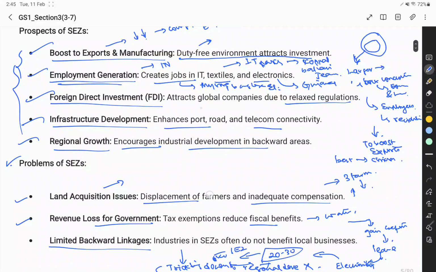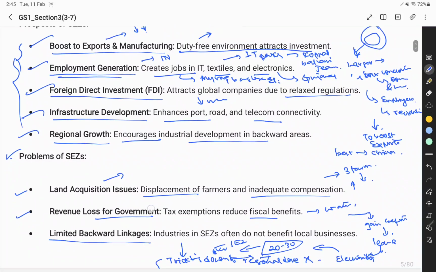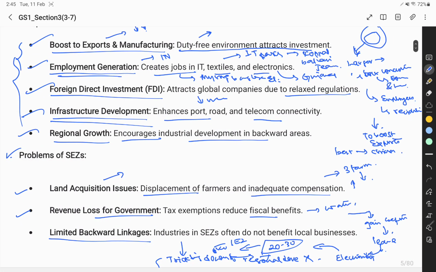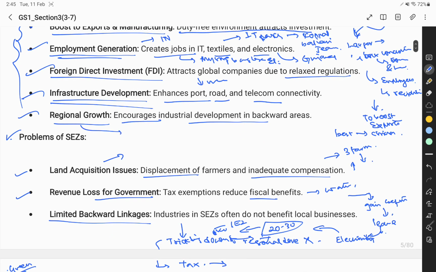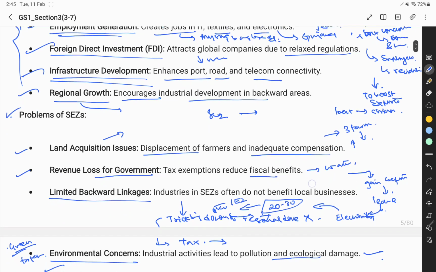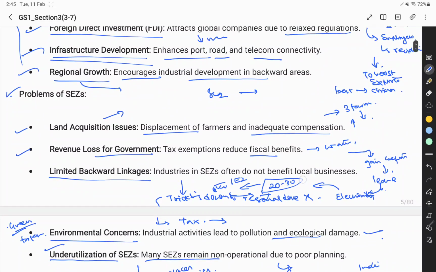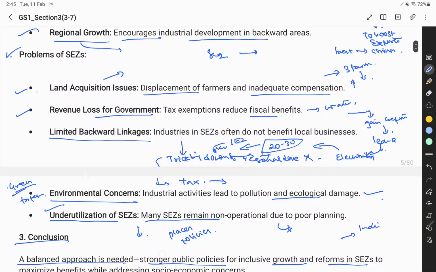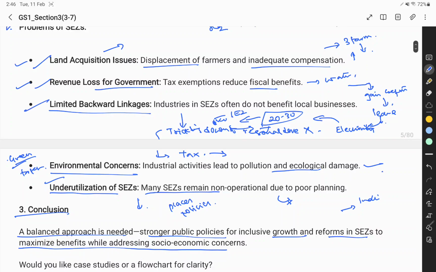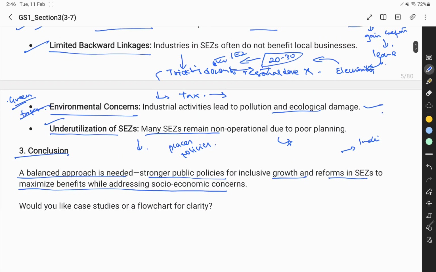Then FDI gets attracted because of the tax incentives. Then it will boost infrastructure development because they need roads, ports and telecom. Then regional growth happens: wherever SEZs are there, the region gets developed due to local employment.